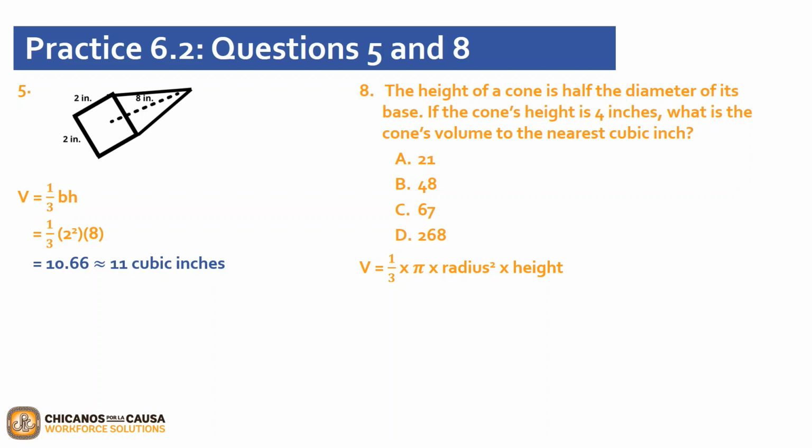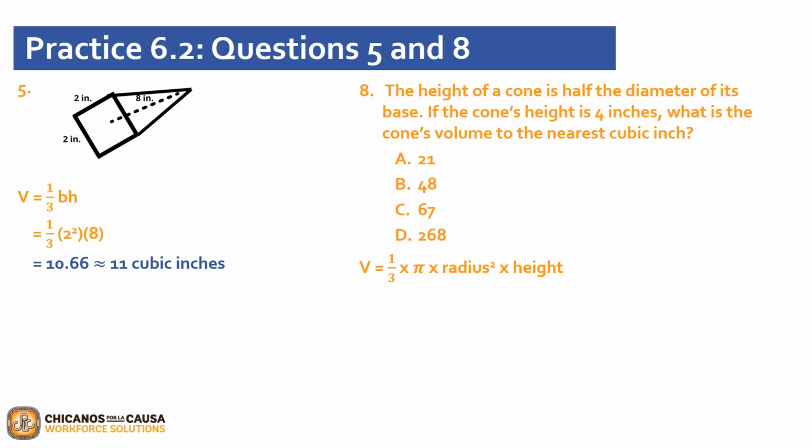If the cone's height is 4 inches, right away, they are telling you that the cone's height is half the diameter. So the cone being 4 inches tells us that the entire diameter is 8 inches. But when you cut that in half, the radius is 4 inches.